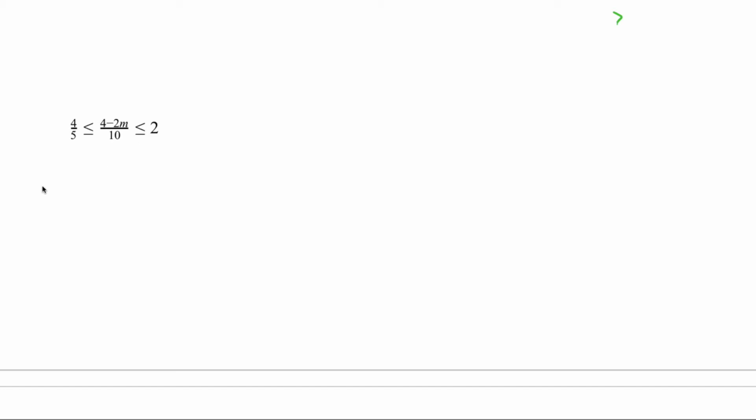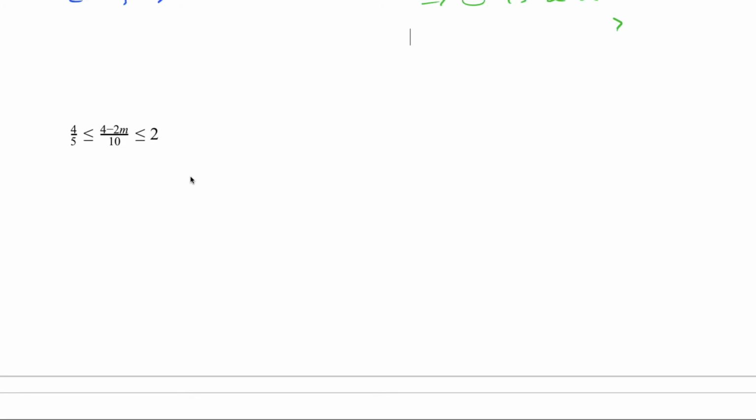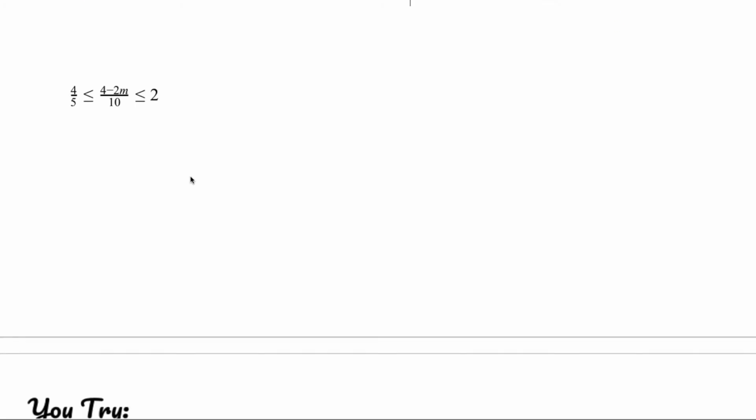Okay, so like any other algebra problem involving a fraction, my preferred way is to clear out the fractions or the denominators by multiplying all sides. Instead of saying both sides, we're going to have to say all sides by the common denominator. The common denominator between 5 and 10 is 10. So we're going to multiply all 3 parts by 10.